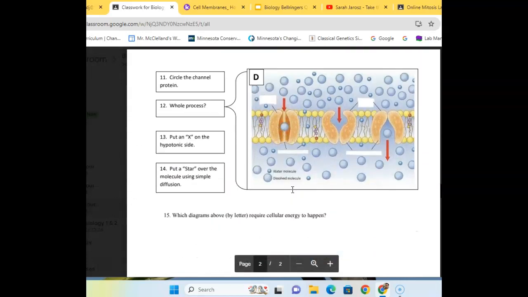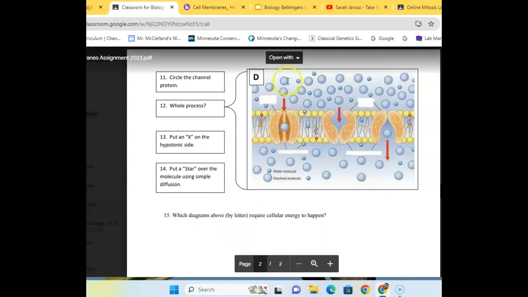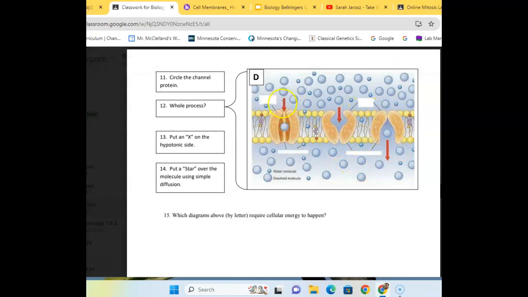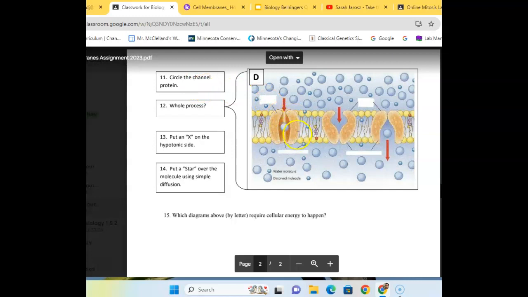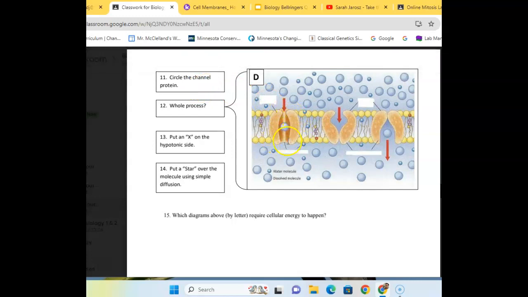All right, on this part of the diagram, we have areas of high concentration moving to areas of lower concentration. There's no energy being spent, so we're looking at diffusion. This membrane protein that is open all the time is called a channel protein. The whole process is, again, diffusion or passive transport.